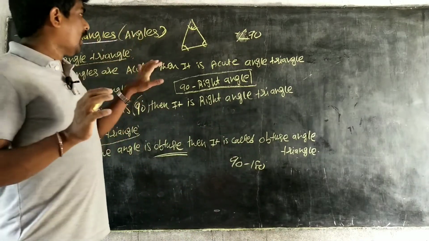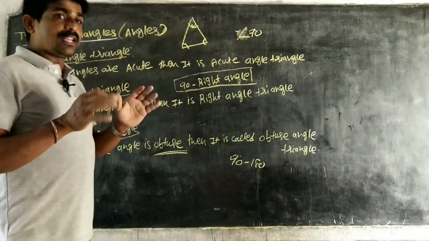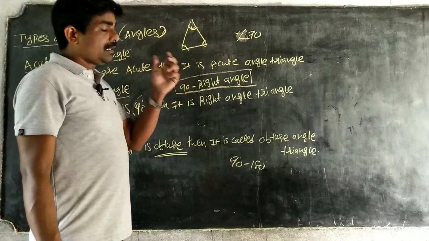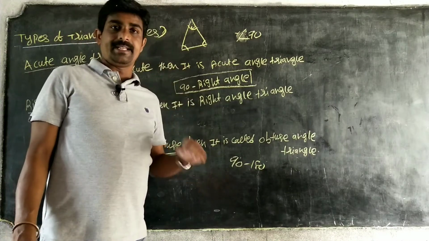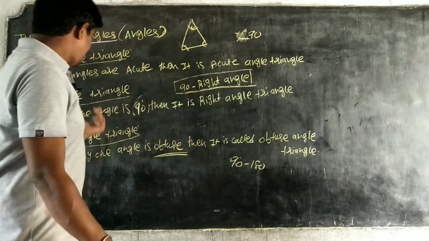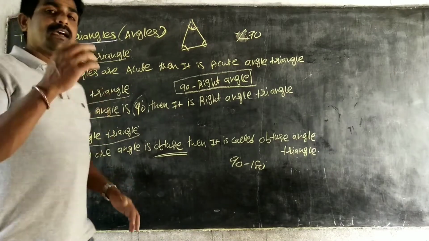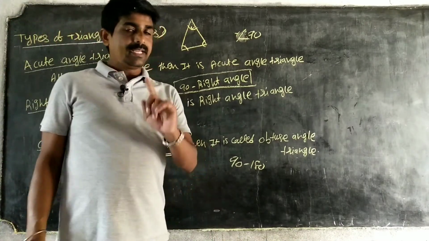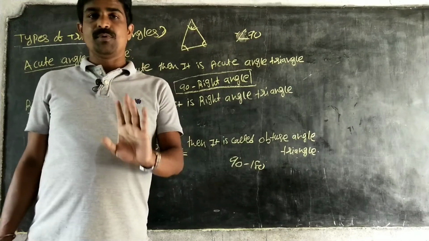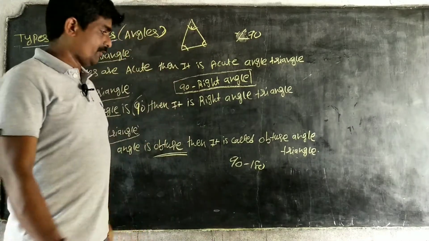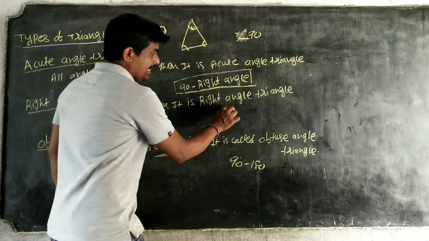So observe: in an acute triangle, all 3 angles should be less than 90. Right angle means only one angle is a right angle, then it is a right angle triangle. In any triangle only one right angle is possible, not more than one, because the sum of the angles is 180 degrees.